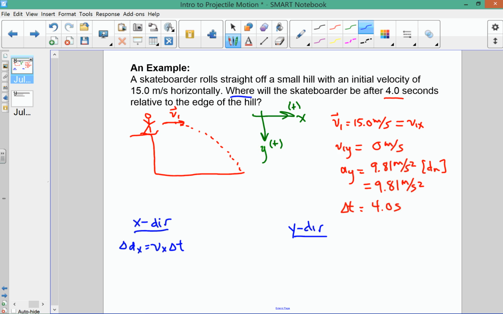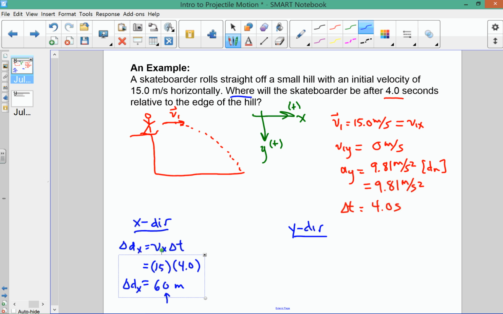Displacement is velocity times time. I know that the velocity in the x direction is 15 meters per second. I know that he's airborne for 4 seconds, so therefore, I know that his range in the x direction, horizontally, is 60 meters. And I'm going to draw a little arrow just so I remember that that's 2 significant figures for later. Okay, now the y direction.